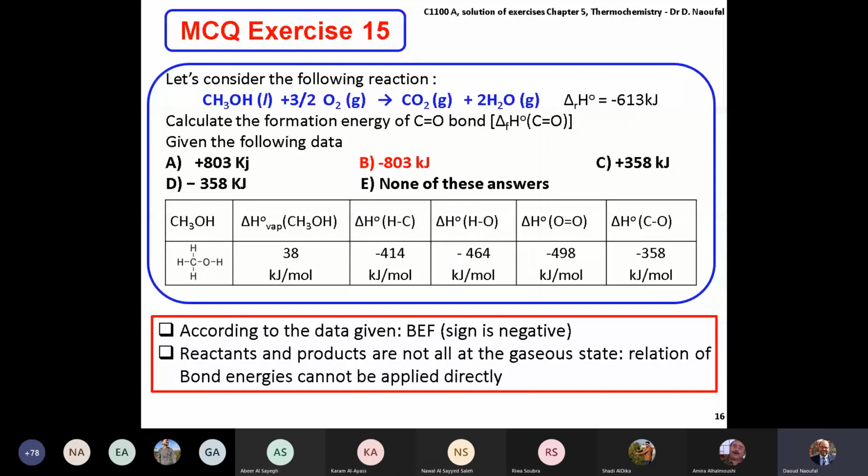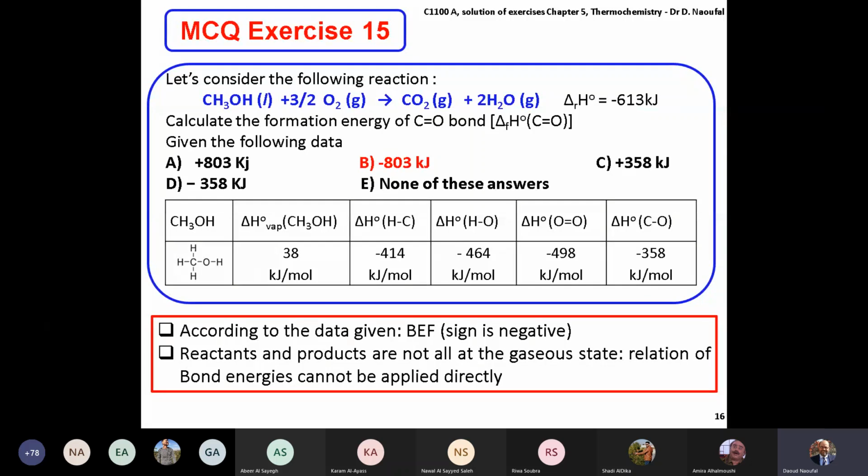We don't have enthalpies of formation to apply the relation delta H of the reaction equals delta H formation of products minus reactants. We could not apply the bond energies method, which is method 3, since the reactants and the products are not all at the gas state. So we have to apply method number 4, which is the cyclic method.